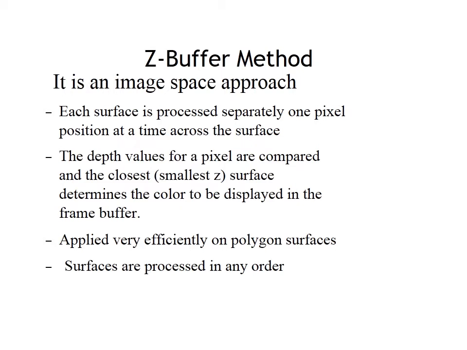Each surface is processed separately, one pixel position at a time across the surface. The depth values for a pixel are compared and the closer surface determines the color to be displayed in the frame buffer. It is applied very efficiently on polygon surfaces, and surfaces can be processed in any order.